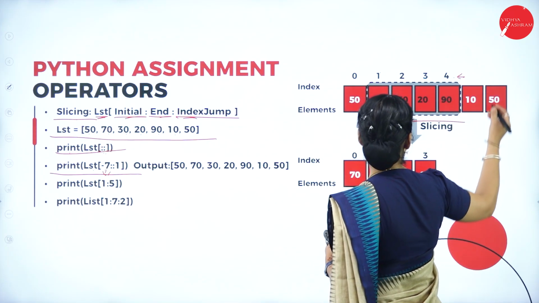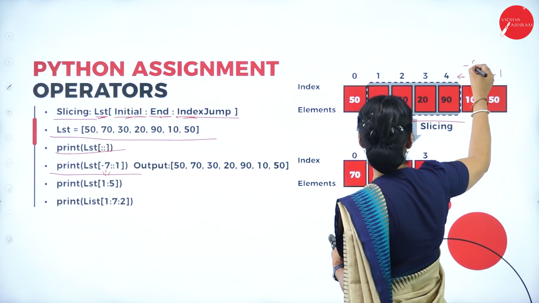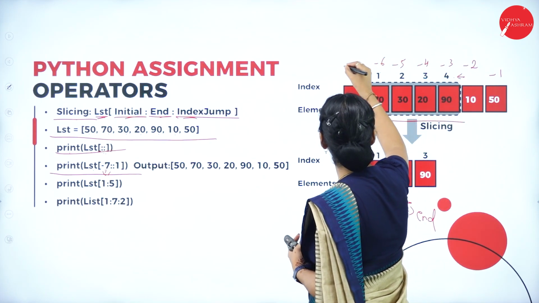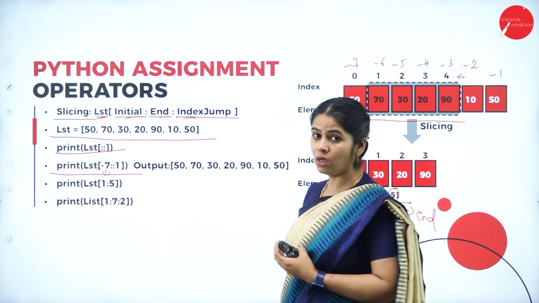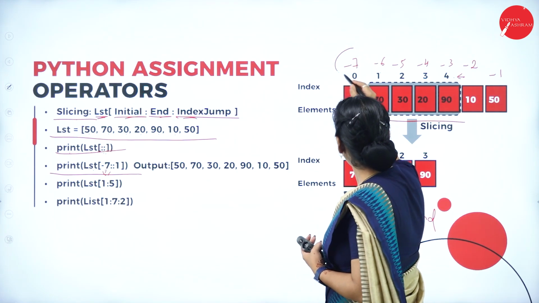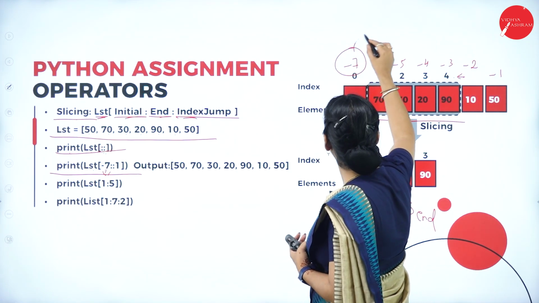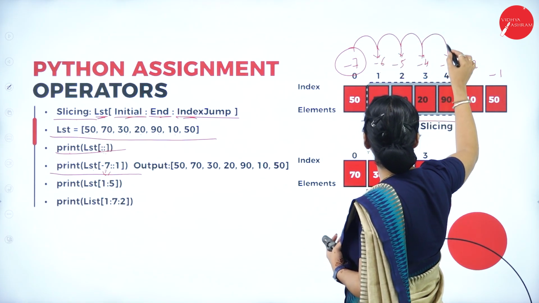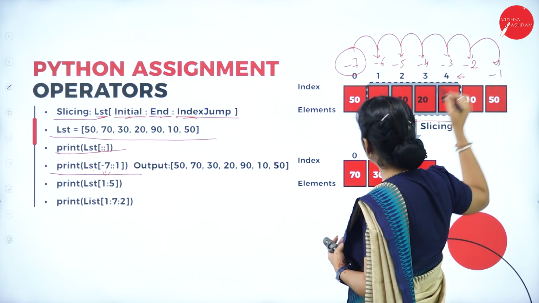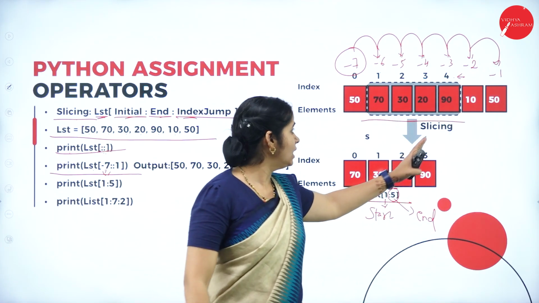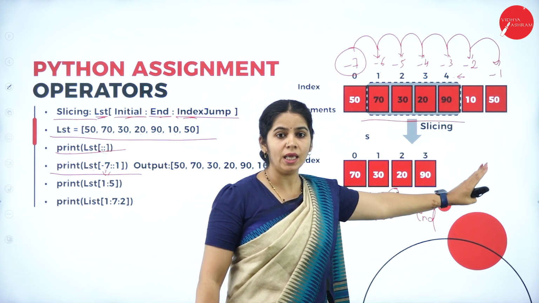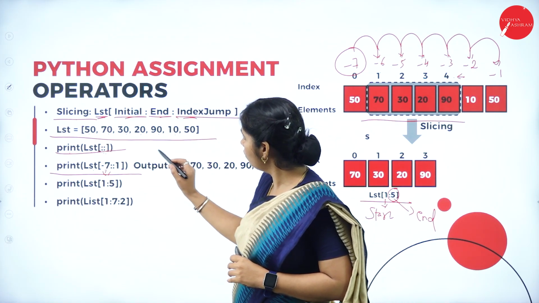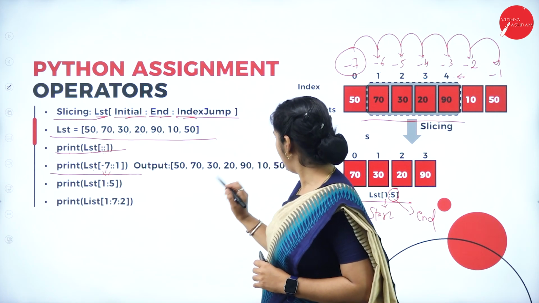What is negative indexing? Minus 1, minus 2, minus 3, minus 4, minus 5, minus 6, minus 7. So from minus 7, I have to jump 1 index every time and it has to be displayed. So what will it display? The given list will be displayed in the reverse manner.